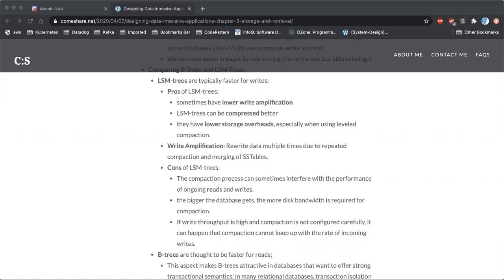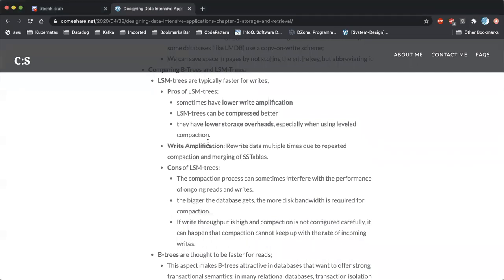We have indexes that need to be updated, and we have segments that need to be updated, and the compaction which is happening on the back end, which is a write operation. So in LSMs, we have a lot of this write amplification happening. But that's not the case with B trees. So that's one advantage that he talked about.